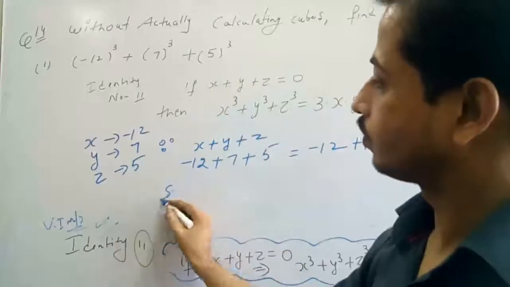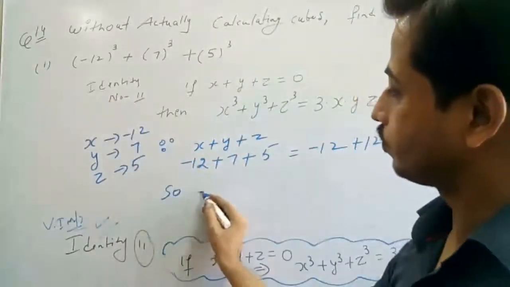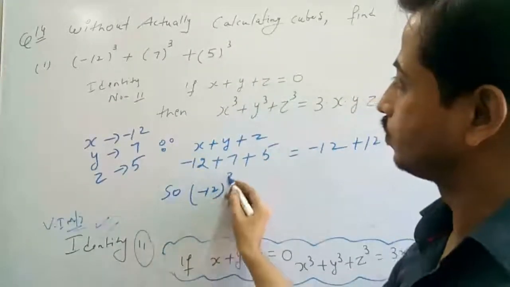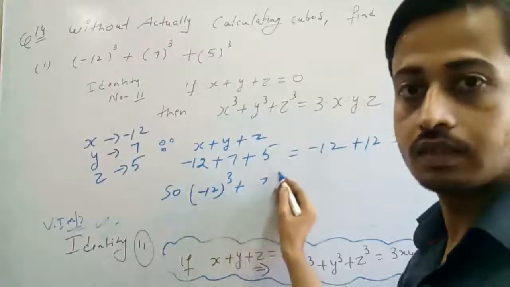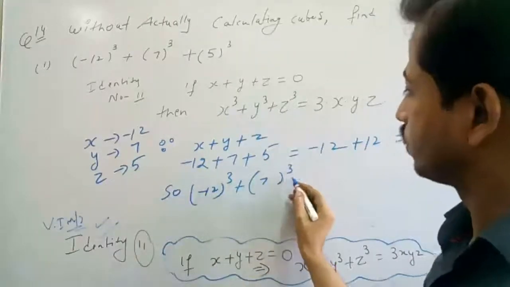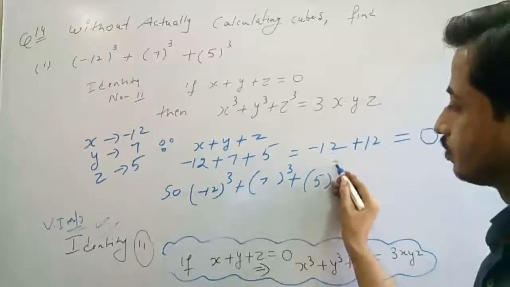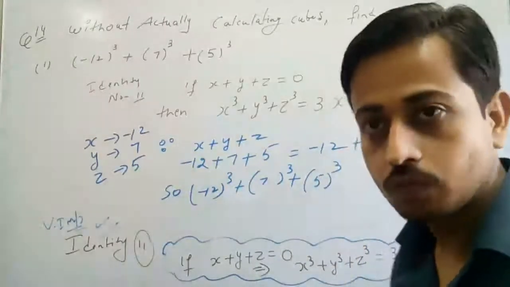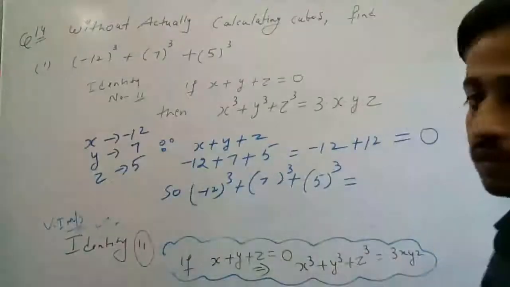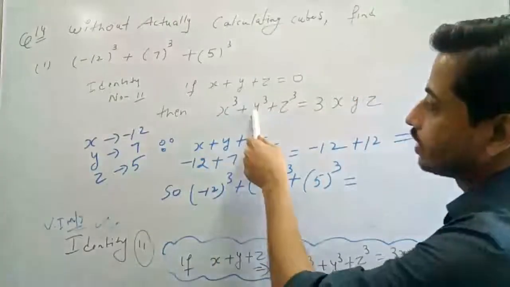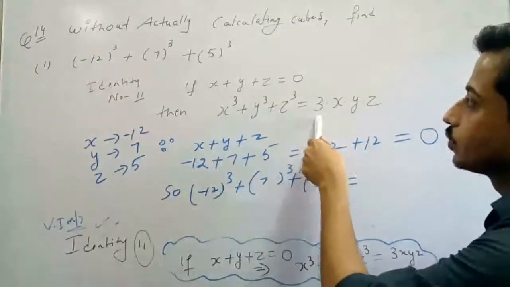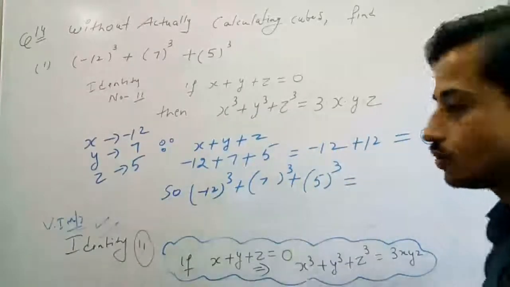So minus 12 cube plus 7 cube plus 5 cube is equal to what? x cube plus y cube plus z cube is equal to 3 into x into y into z.